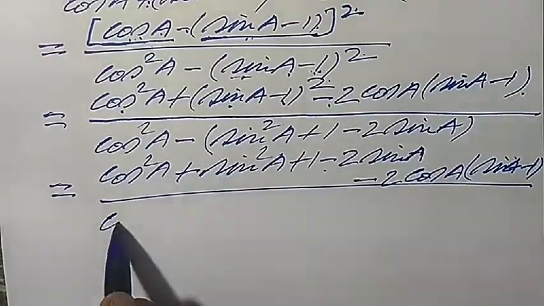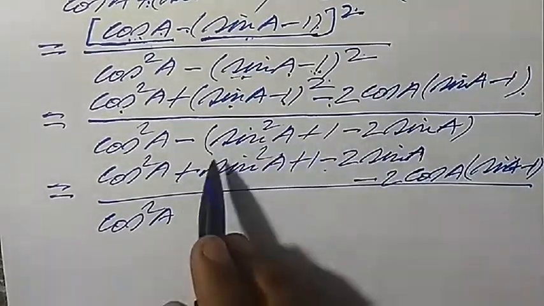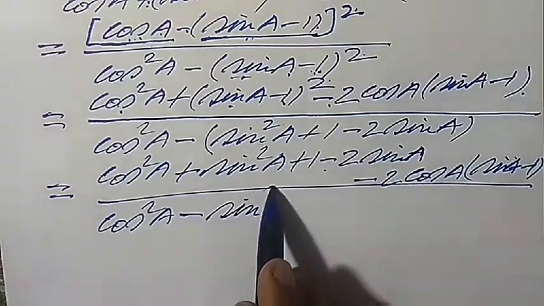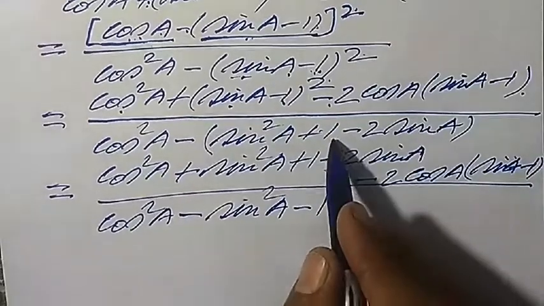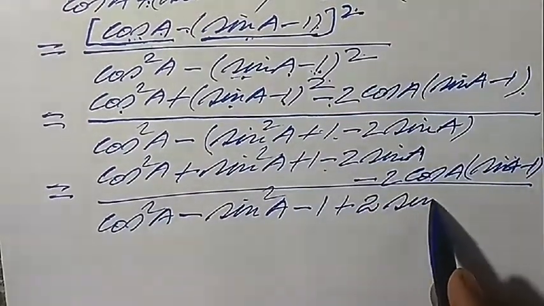In denominator, cos square a, and open this bracket, all the signs will be changed because of this minus outside the bracket, minus sine square a minus 1 plus 2 sine a.